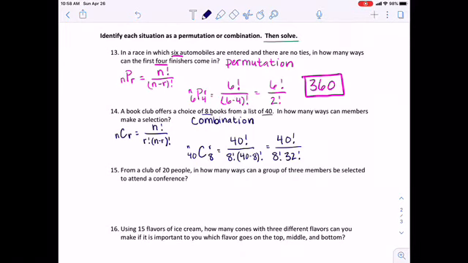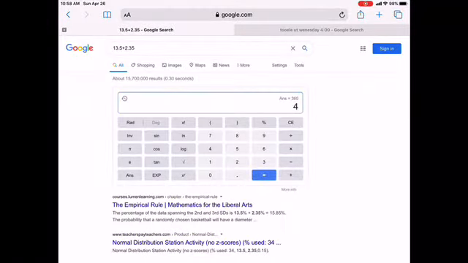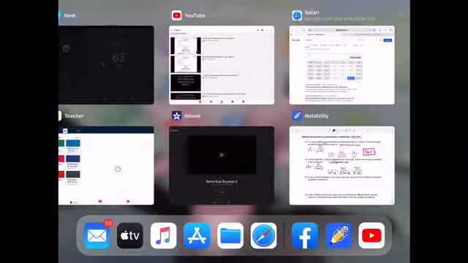And then if I type that into my calculator, I have 40 factorial divided by, don't forget parentheses, 8 factorial times 32 factorial. And my calculator says that I have 76,904,685 different ways that I could choose that.